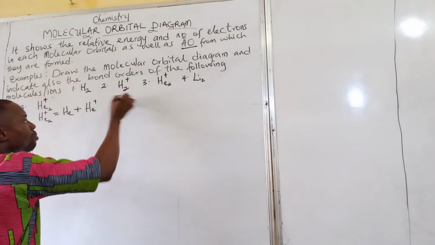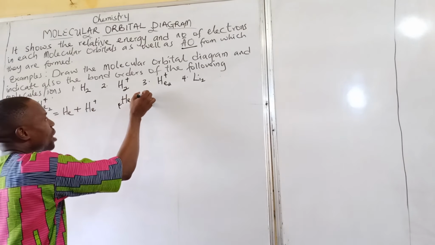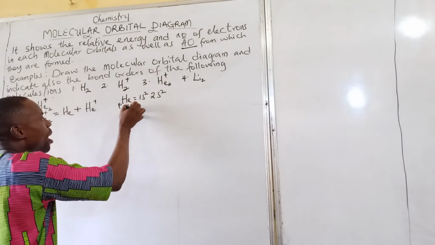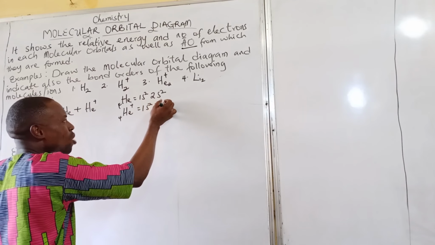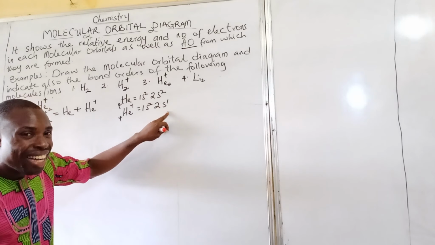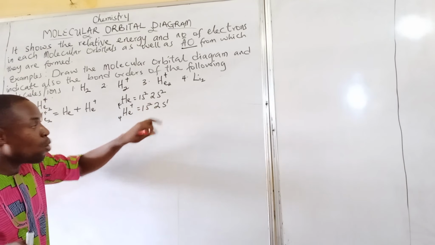For helium, we're having something like this: 4 is 1s2, 2s2. While for the helium ion, 1s2, 2s1. How are we having 2s1? Remember that one electron has been lost. So I'm having 1s2, 2s1.